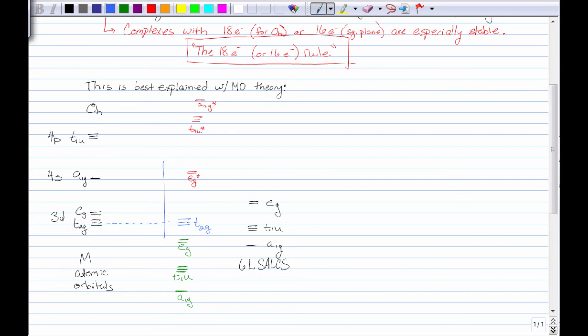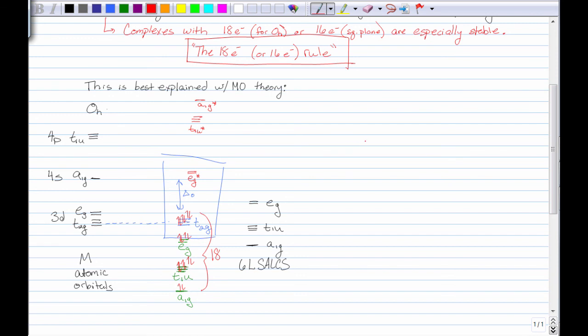And here is what we typically think of as the d orbital splitting for an octahedron, where this is your delta O. But if you look at the molecular orbitals that are not antibonding and try to fill them with electrons, you'll notice there are 9 orbitals, and to fill these up without putting anything in the eg star set gives you a total electron count of 18.